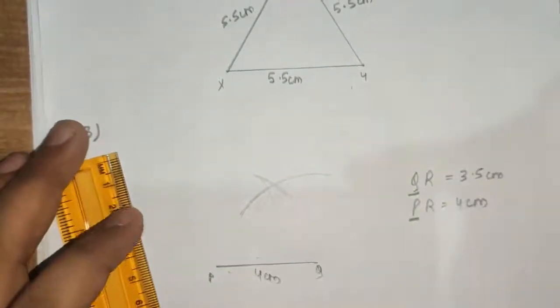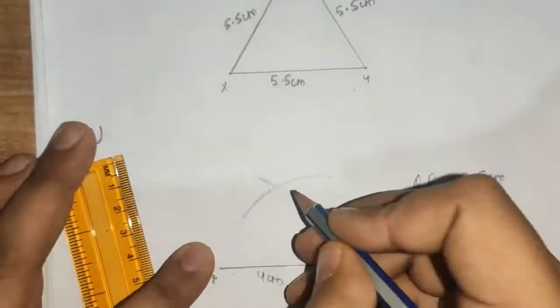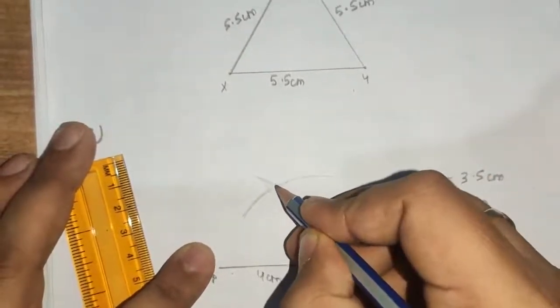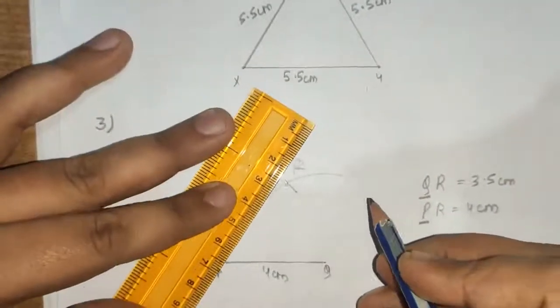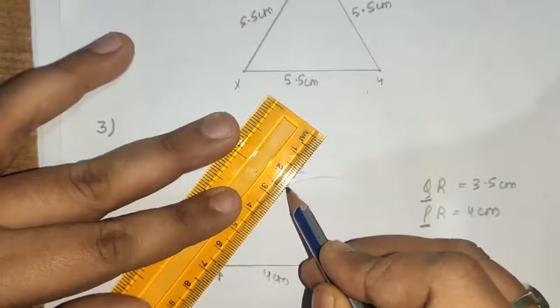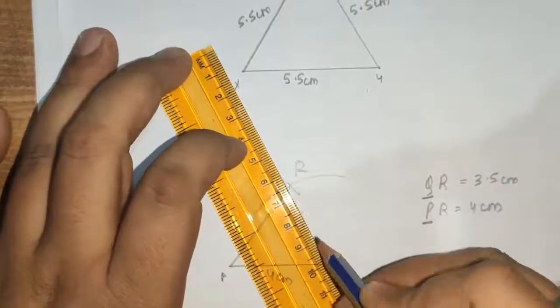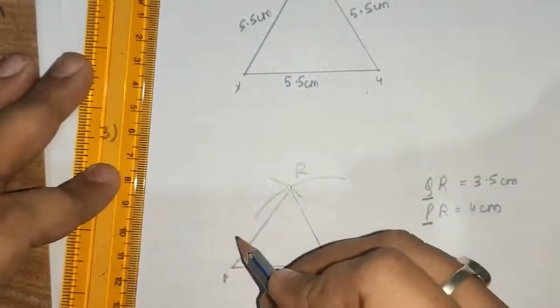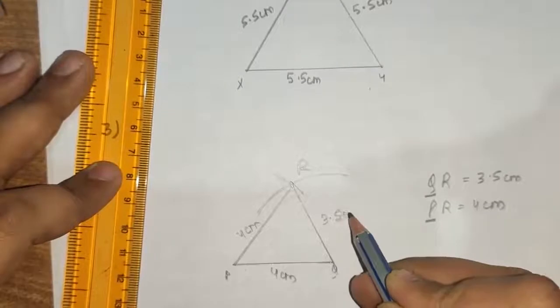Now here you can see this point is R. Now join this P to R and this Q to R. Now here PR is 4 centimeter and QR is 3.5 centimeter.